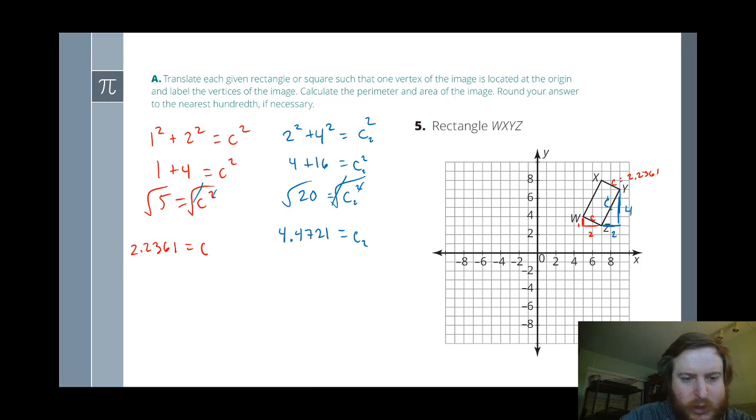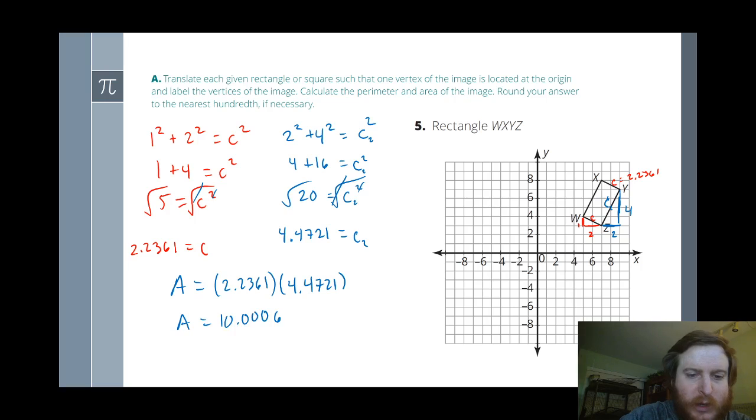Okay. So now we just do our formulas. Area is base times height. So 2.2361 times 4.4721. And you just multiply those on your calculator. And when I did that, I got 10.0006. And it asked me to round to the nearest hundredth.